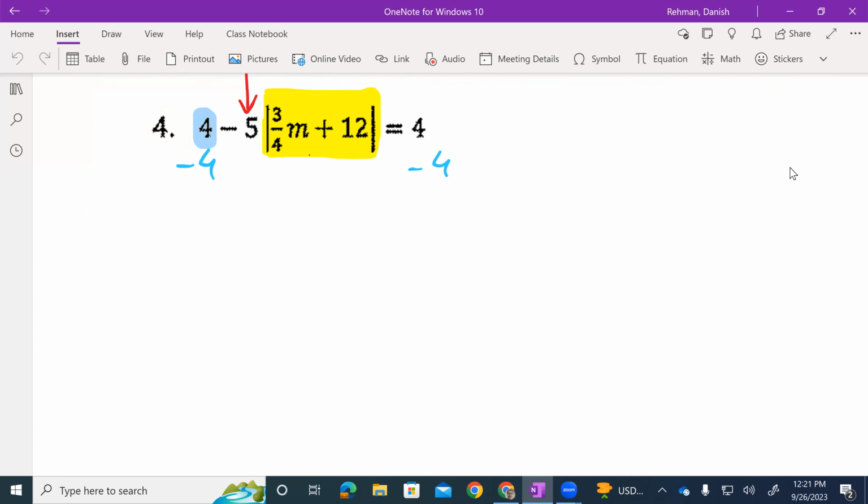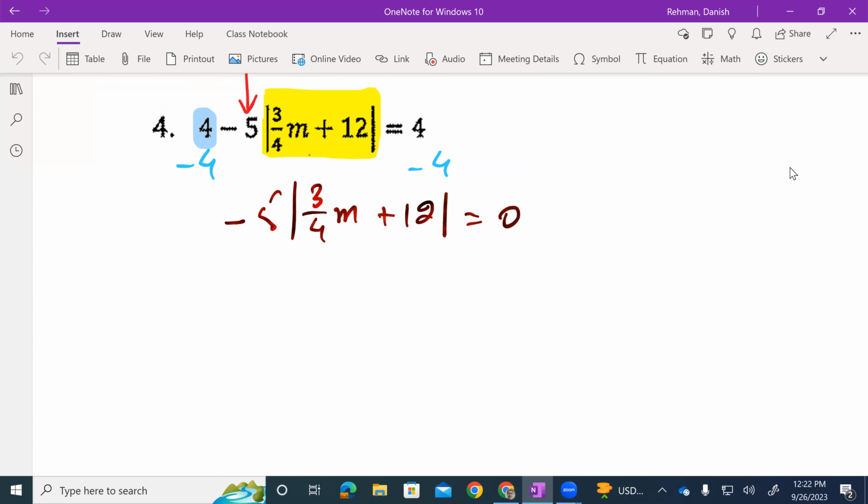We will subtract it. What will that give us? If I write it down again in the next step, that's going to give me negative 5 times the absolute value of 3 by 4m plus 12 equals what? A 0.